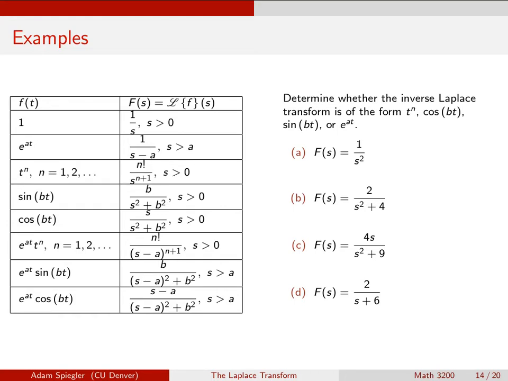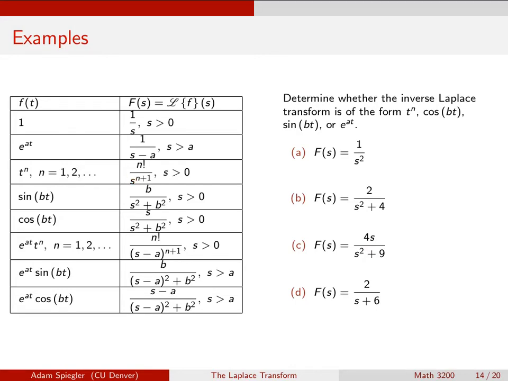So if we want to look at 1 over s squared, and these are all of my options, this one isn't going to work, obviously, because I have just s to the first power down here. I don't have anything that looks like this in A, but now I do see that this one would have powers like s squared, s cubed, s to the fourth, and so on.